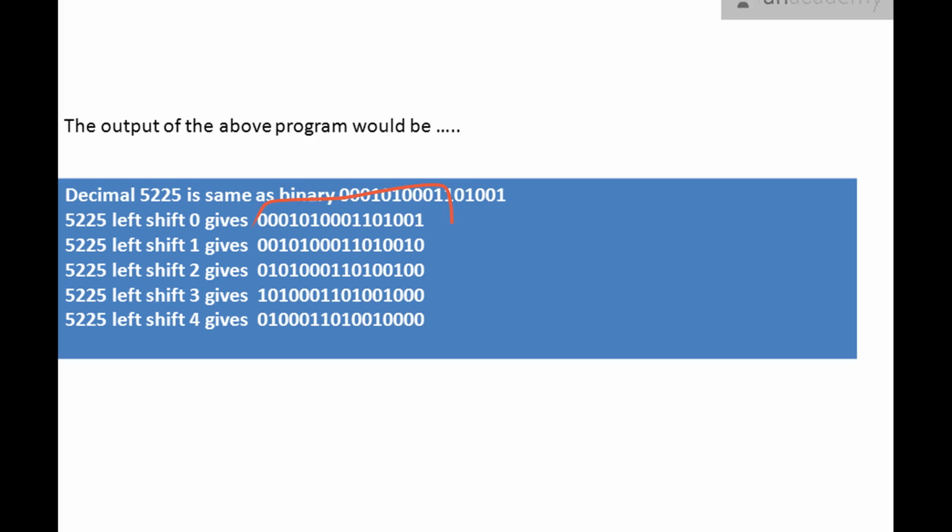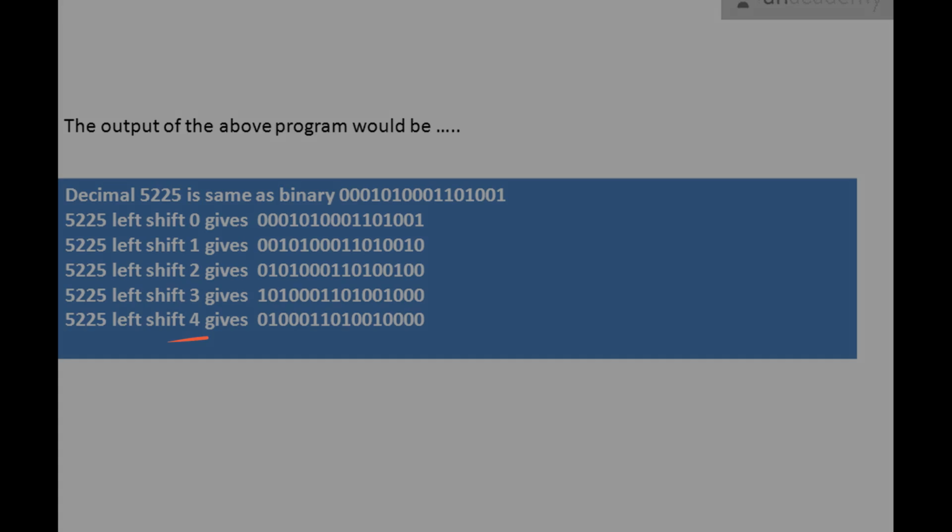As a result we get only 2 zeros, and the other zero is shifted to the right. When you go for shift 2, 2 zeros are shifted to the right and 1 zero is just here. The same happens for shift 3 and shift 4. This is the same case with the right shift operator, but the only difference is the shift will be to the right side of a binary number.